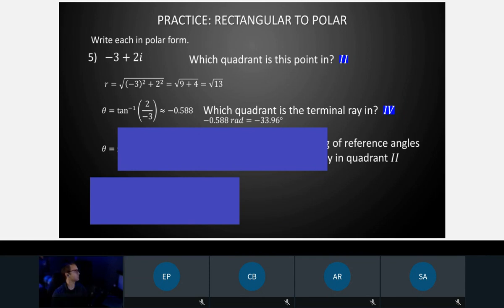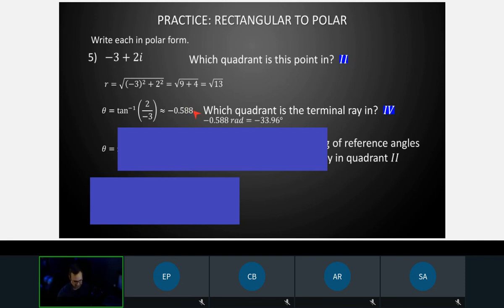Or quad... Oh, Chloe's right. The reason it's quadrant 4, not quadrant 3, is because this does not have pi after it. If this was negative 0.588 pi, it would be in quadrant 3.